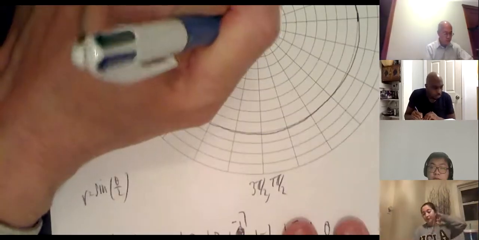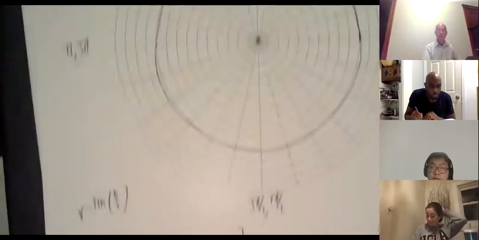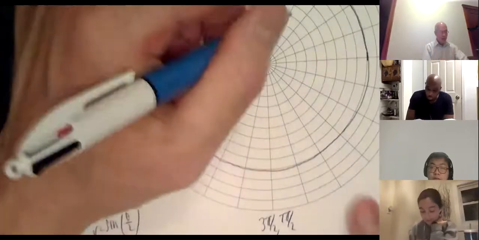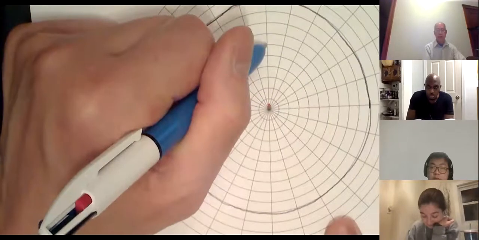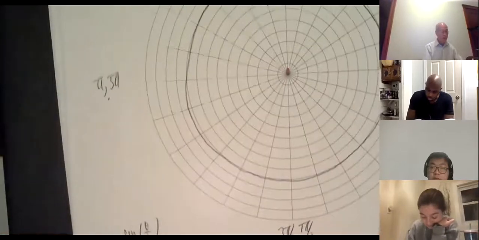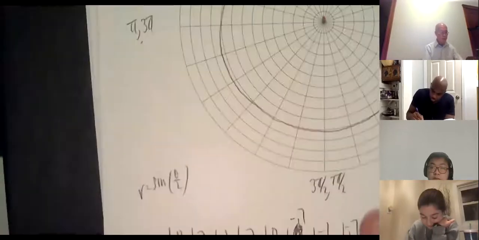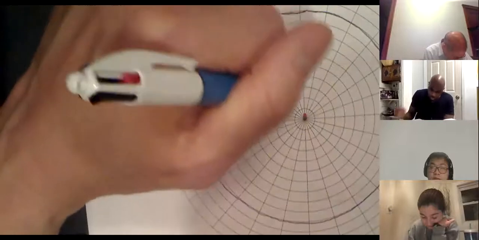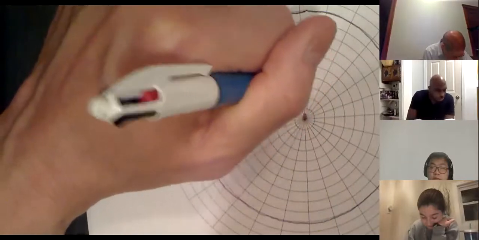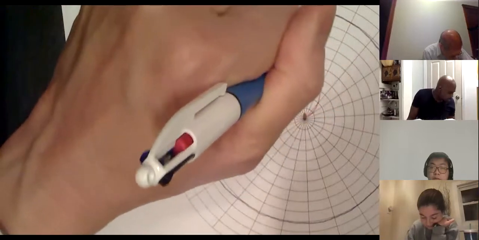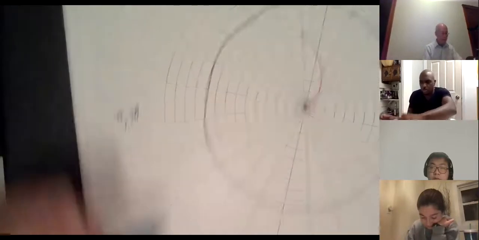Okay, so 0, 0. I really should put in 45-degree marks because it doesn't just go straight there in a straight line. If I were to go 45 degrees, sine of 22.5 degrees is a positive quantity, so it does curve over there. But pi over 2 comes to 0.7. 1, 2, 3, 4, 5, 6, 7. Something like that.